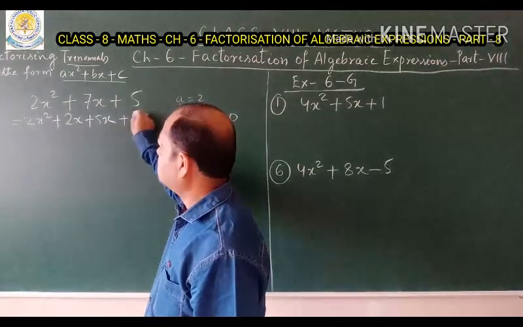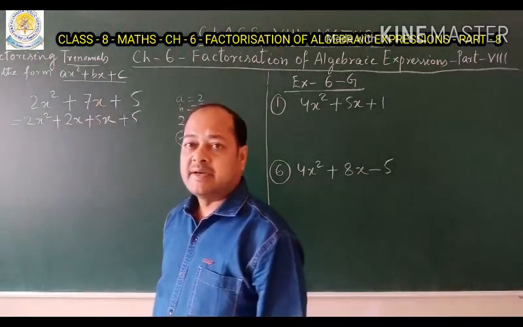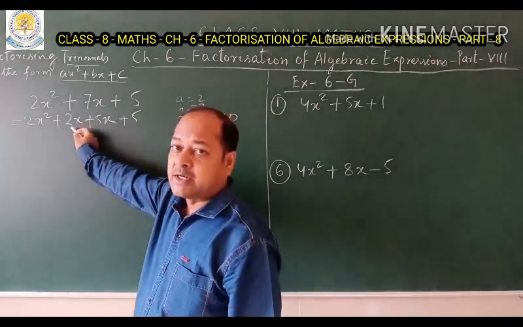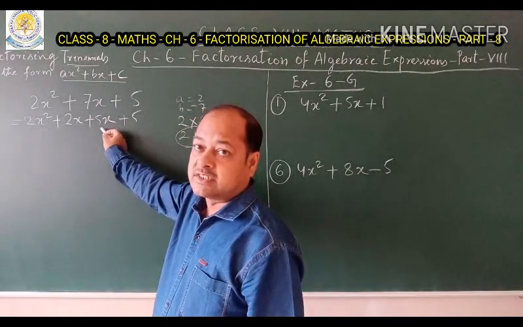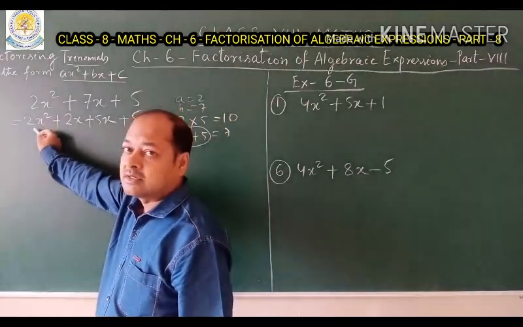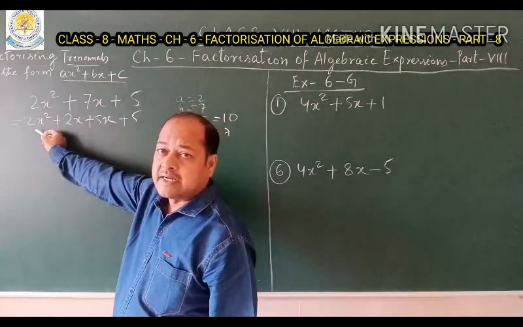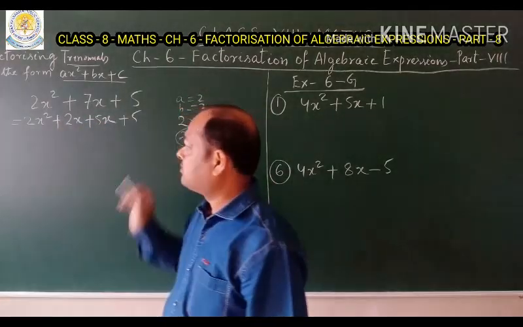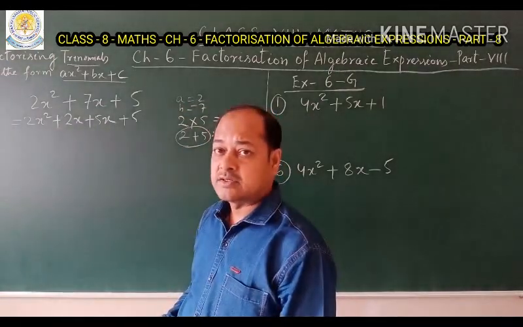Plus 5. If you add 2x plus 5x, it will be 7x. And if you multiply 2x with 5x, it will be 10x square, which is the result of the first term into the last term, that is 2x square into 5.